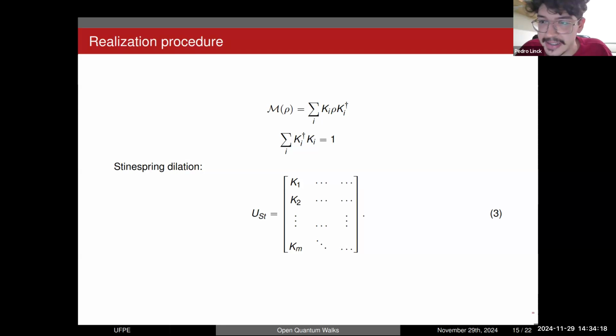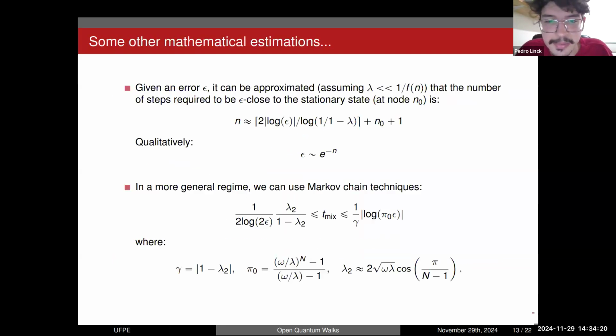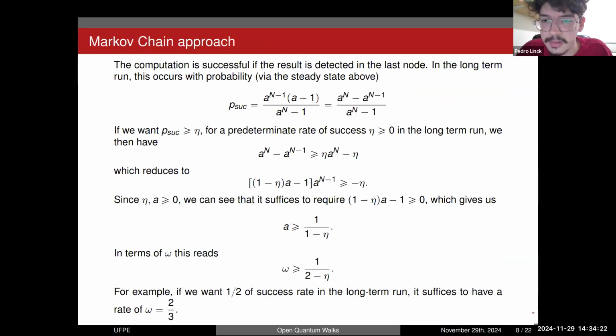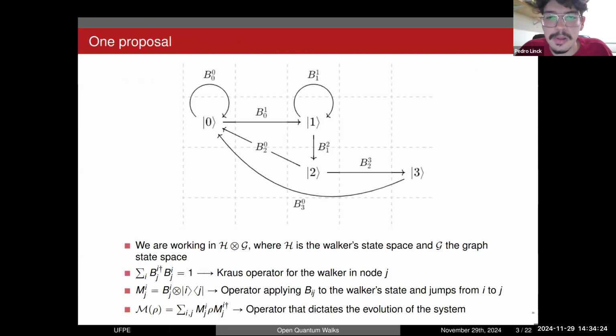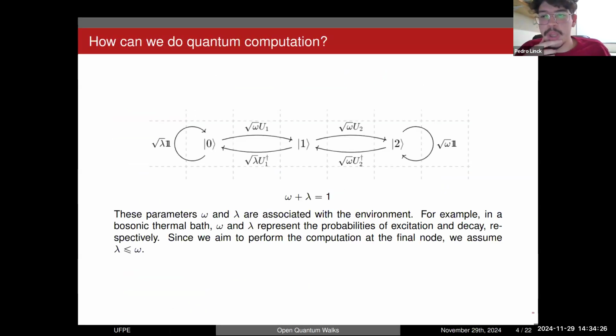In our model, we have 2 times the size of the graph in Kraus operators. In the case drawn here, we have 1, 2, 3, 4, 6 Kraus operators, which is 2 times the size of the graph, which is 3.